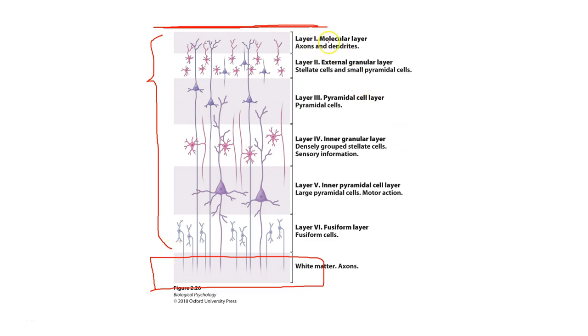You don't need to necessarily know what they're called, but it's important to know that the cortex is divided into layers, and these layers house different kinds of cells that perform different sorts of functions. So for example, pyramidal cells handle motor function, and they can be found in layer 5. You might find sensory information being handled by stellate cells, which can be found in layer 4. So different layers of cells in the cortex handle different functions.